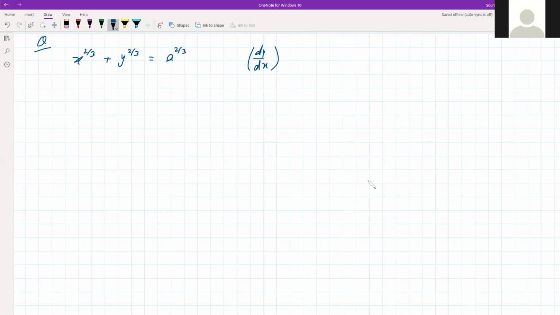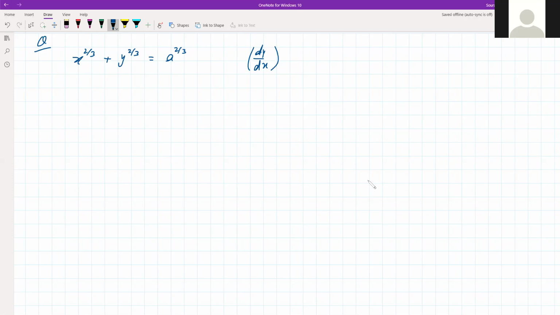we have these two things, right? x to the power 2 by 3, y to the power 2 by 3 is equal to a to the power 2 by 3. So you can solve it normally, or you can try to apply parametric concept here.